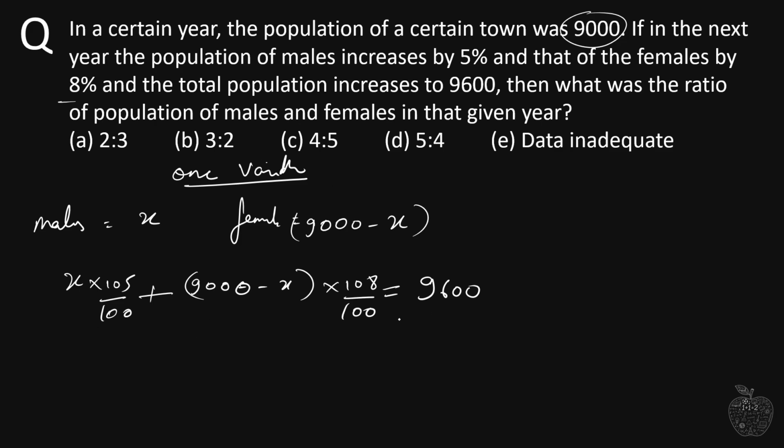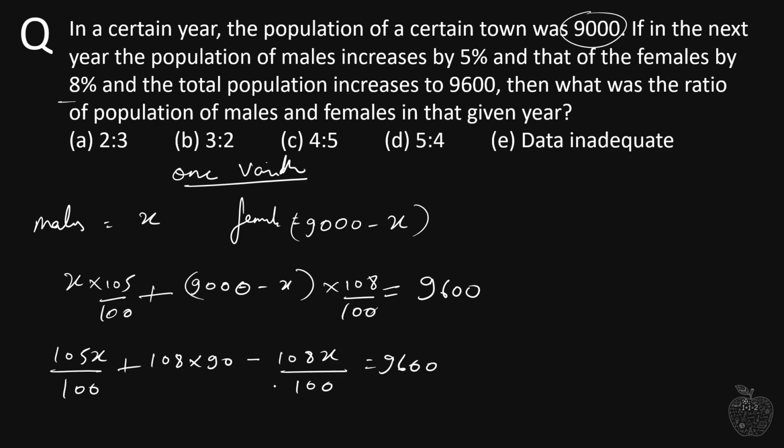So let's solve this. We get 105x over 100 plus 108 by 100 into 9000 minus 108x over 100, equals 9600. The zeros cancel, so we are left with 108 into 90, which gives me 9720.